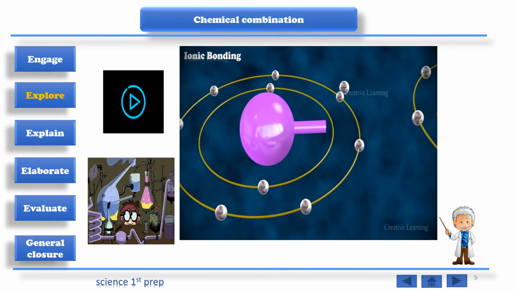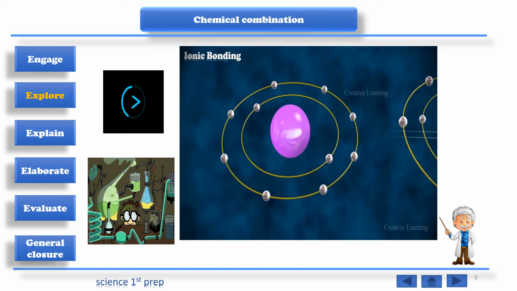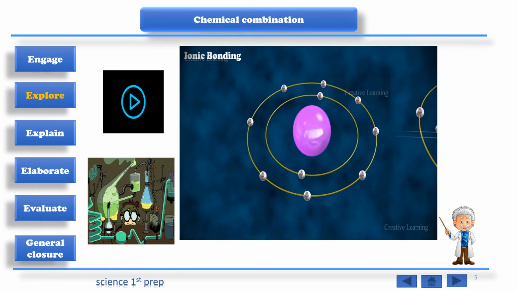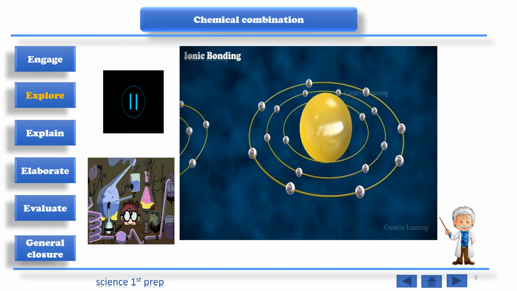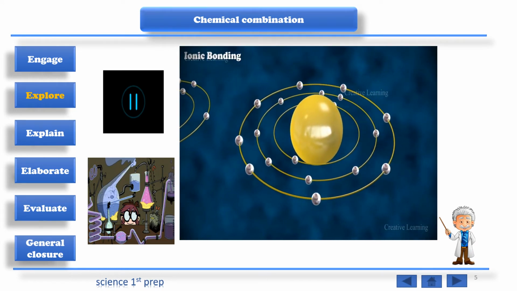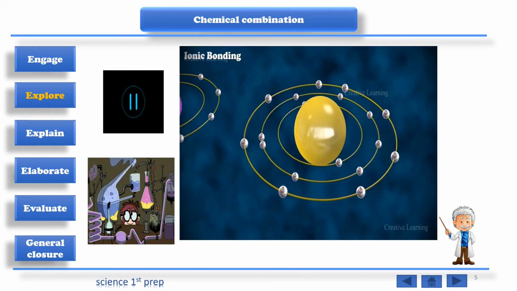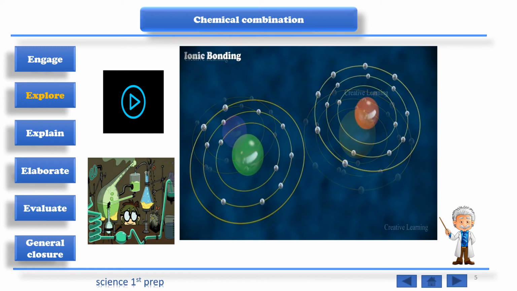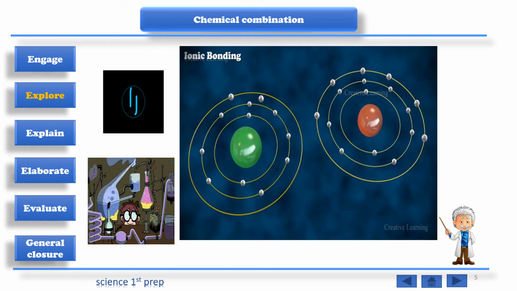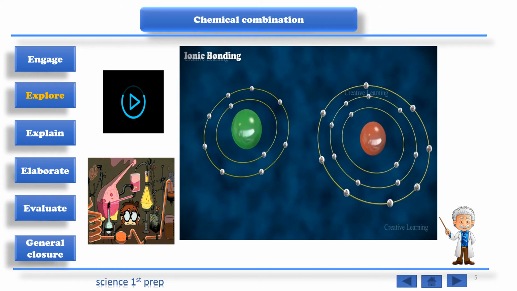By losing those electrons, these metals can achieve noble gas configuration and satisfy the octet rule. Similarly, non-metals that have close to 8 electrons in their valence shell tend to readily accept electrons to achieve noble gas configuration. In ionic bonding, more than one electron can be donated or received to satisfy the octet rule.